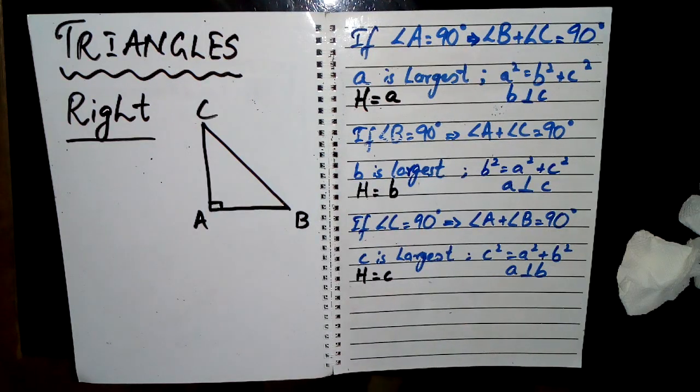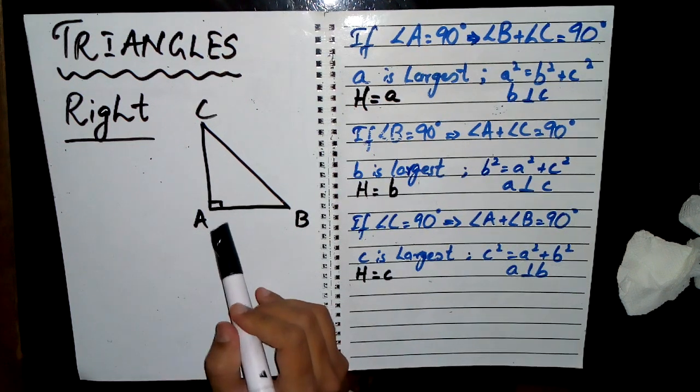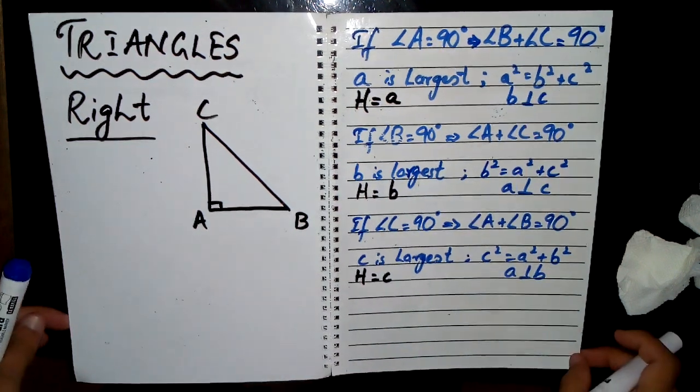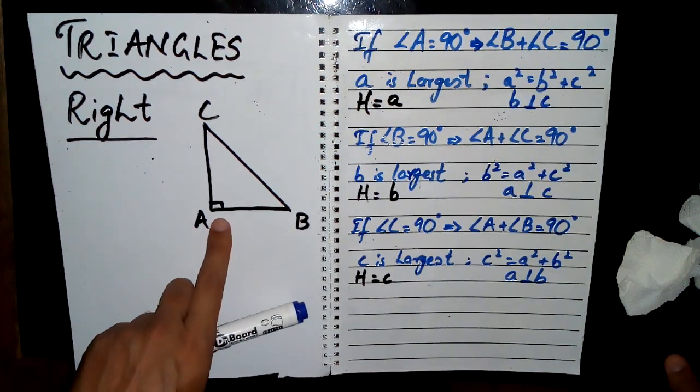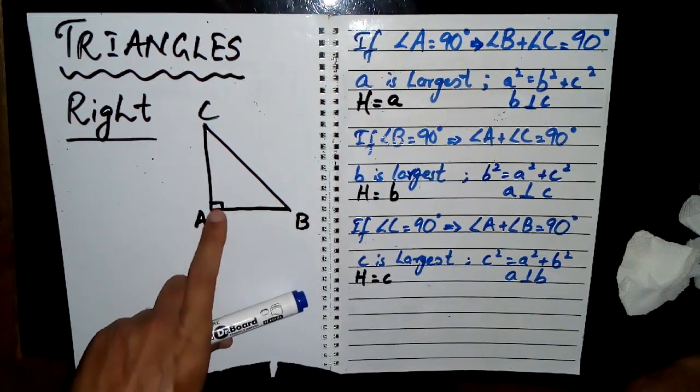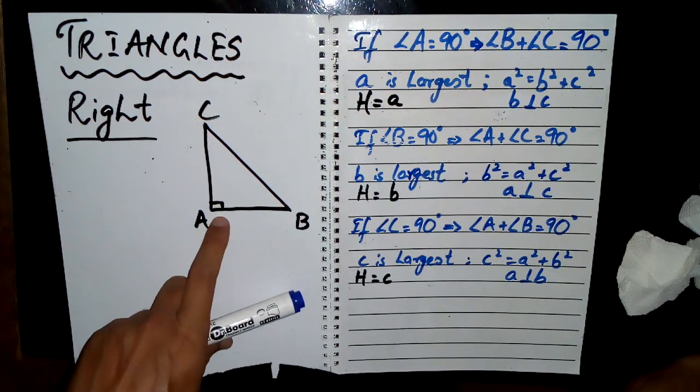Another type is the right triangle, which is also very interesting. In the right triangle, one angle will always be 90 degrees, and 90 degrees is always represented by this notation, like a square at the corner.